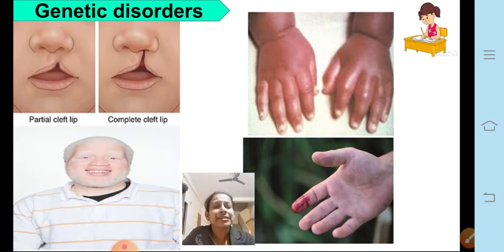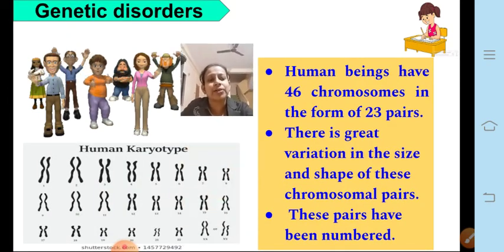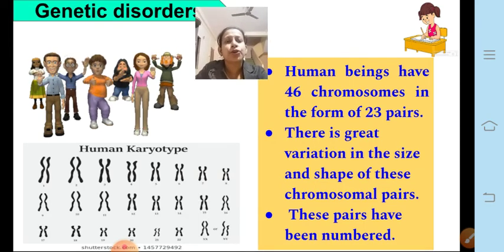Now next is human beings. Human beings have 46 chromosomes in the form of 23 pairs, and you can see the genome or karyotype of the human being, wherein there are 23 pairs of chromosomes.